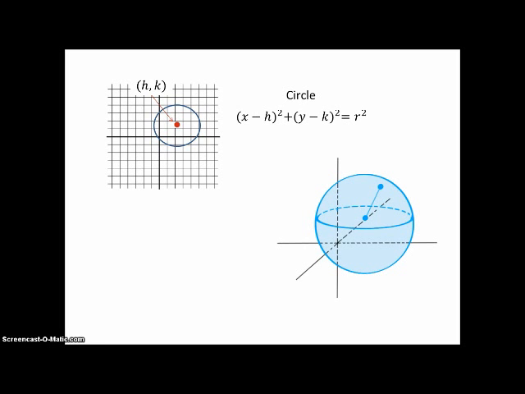In 3 dimensions, again, this is really just based on the Pythagorean theorem, or the distance formula rather, because we're saying that the distance from the center to any point (x, y) is always r. So it's the same kind of thing with the sphere. We'll call the center (h, k, l) and the radius still r, and so the equation of the sphere just adds the z component the same way it did with the distance formula.